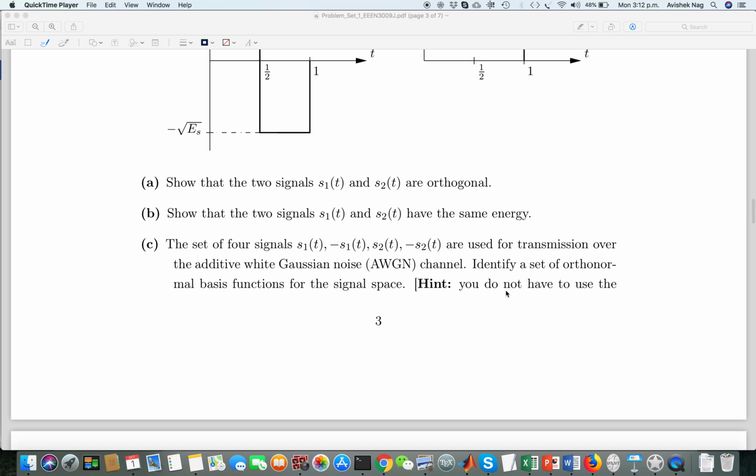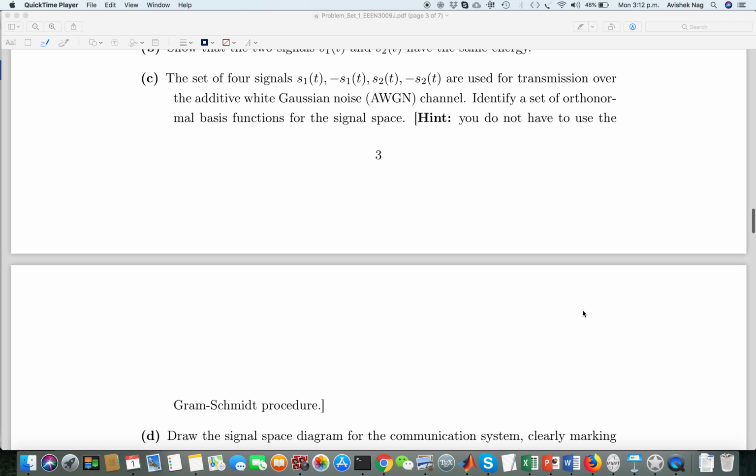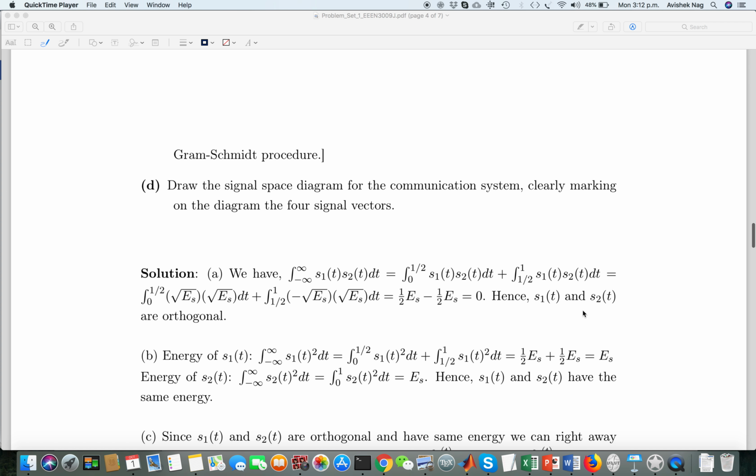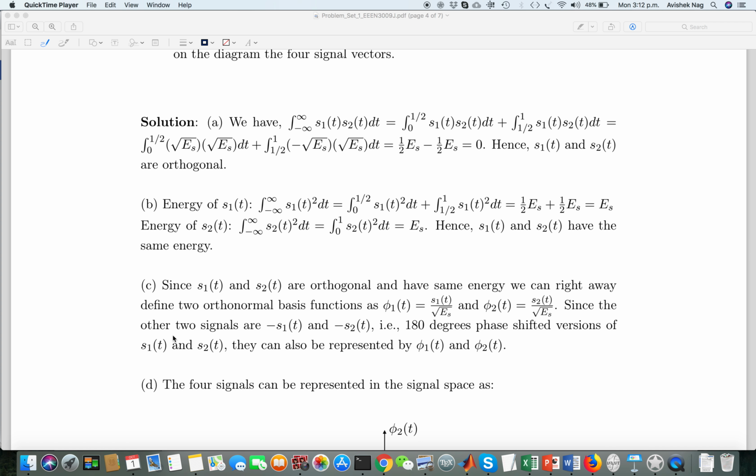You are given a hint that you do not have to use the Gram-Schmidt procedure, which indeed is the case, because you have already proved in part A that S1t and S2t are orthogonal, and in part B you have shown that their energy is Es. So they are orthogonal and they have the same energy.